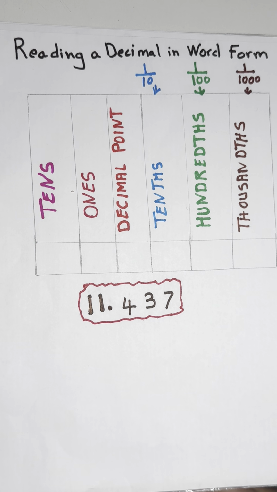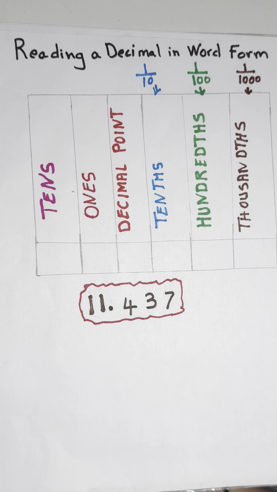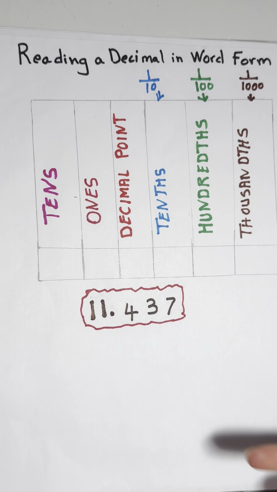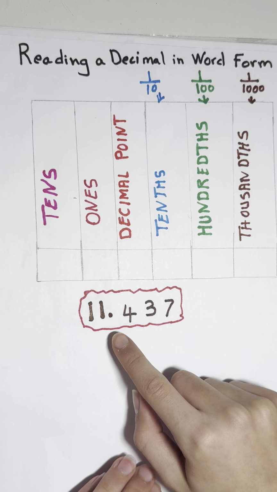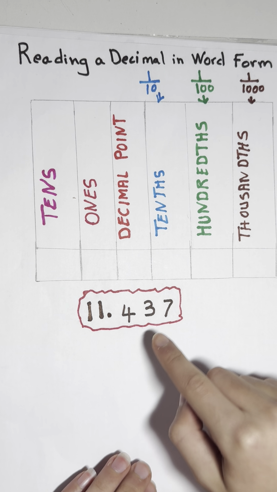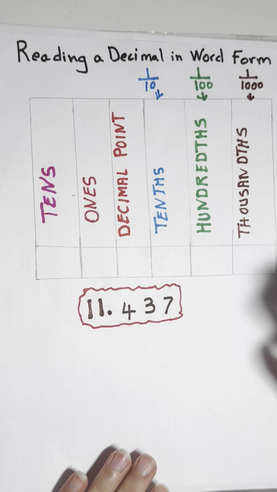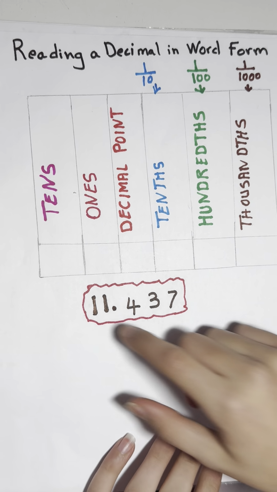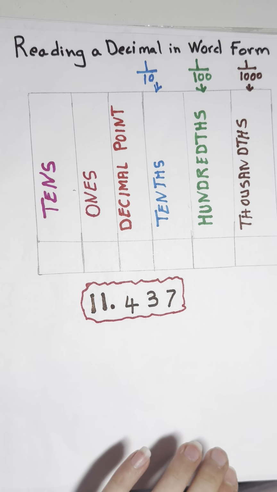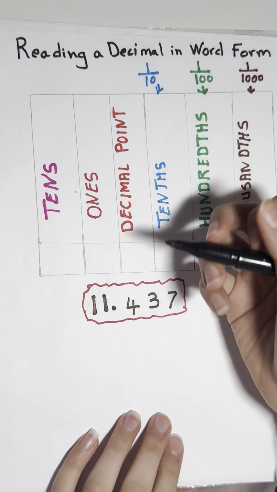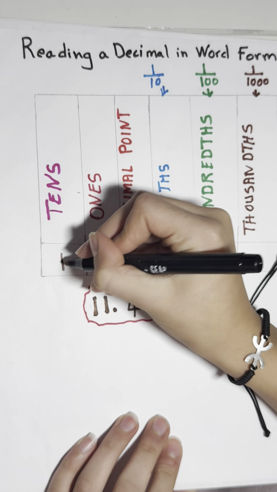Hi everyone. Today we're going to be reading decimals in word forms. So let's start with this example, 11.437. I have this chart right here so it can help us understand this more. This one right here goes in the tens place.